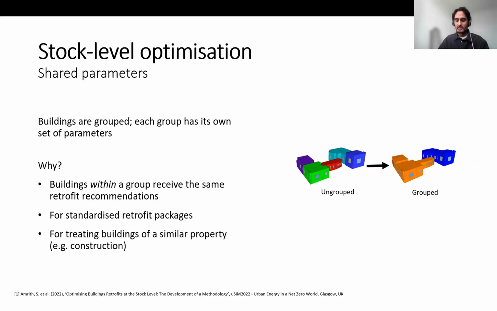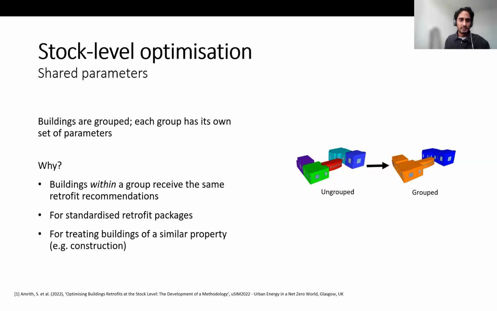So a local authority may find it easier to group a number of buildings and develop a standardized retrofit package they can apply to all of these buildings for reasons of supply chain or delivery at scale. And it could also be useful in treating buildings of a similar property, for example, construction. If you want to give, for example, cavity wall dwellings all the same retrofit package, then you can group these by this property too.